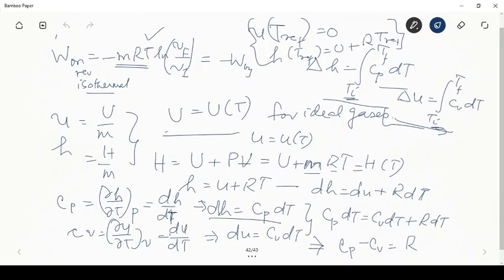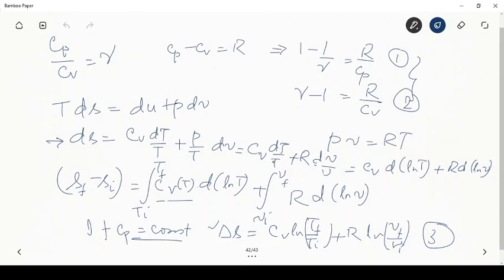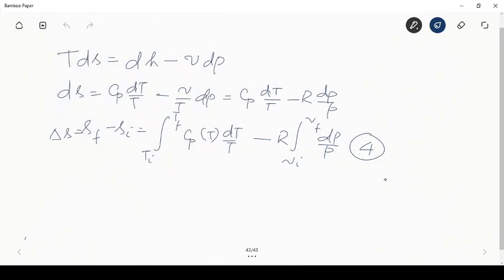S is also arbitrarily defined as 0 at some reference temperature, and then you can use these expressions. You can see that the change in S alone is affected by the ratio of volumes in this case, or the ratio of pressures in this case. So if I, for example, take constant Cp, this becomes equal to Cp log Tf by Ti minus R log Pf by Pi.